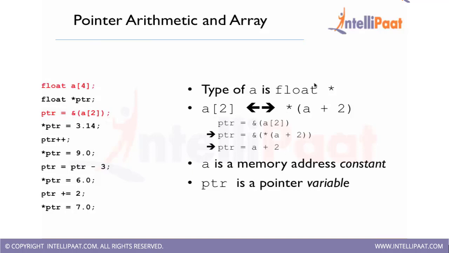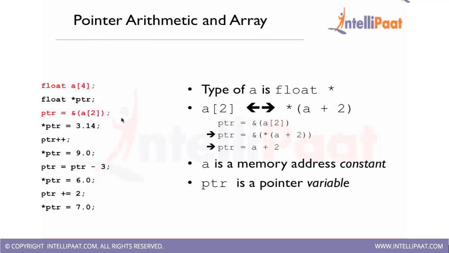So the type of the variable is a float pointer. This is how we reference an element in an array in terms of pointers. So a2 is equal to the value at address a plus 2.